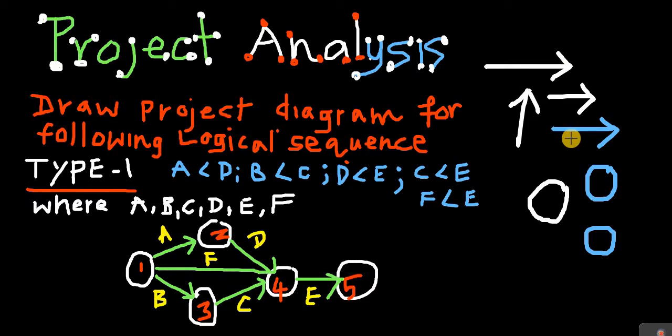These activities have an initial point and a final point. This is called the tail of an activity, and this is the head of an activity.